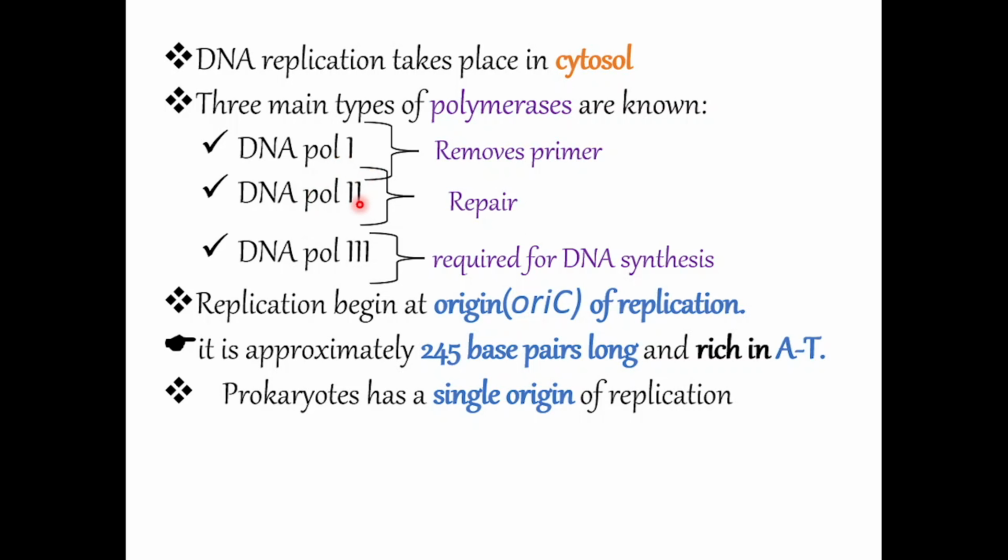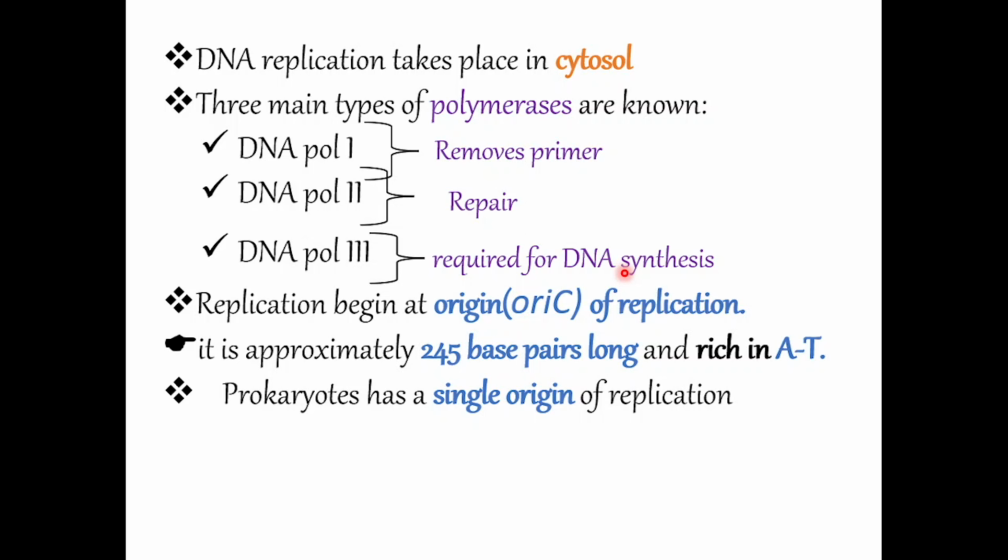DNA polymerase 2 takes part in repairing. After primers are removed, it is involved in repairing that site. DNA polymerase 3 is required for DNA synthesis. It adds new nucleotides on the growing strand at the 3' end.